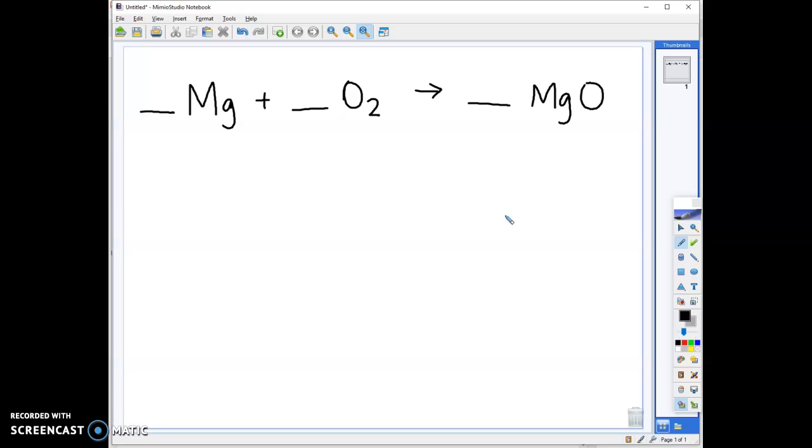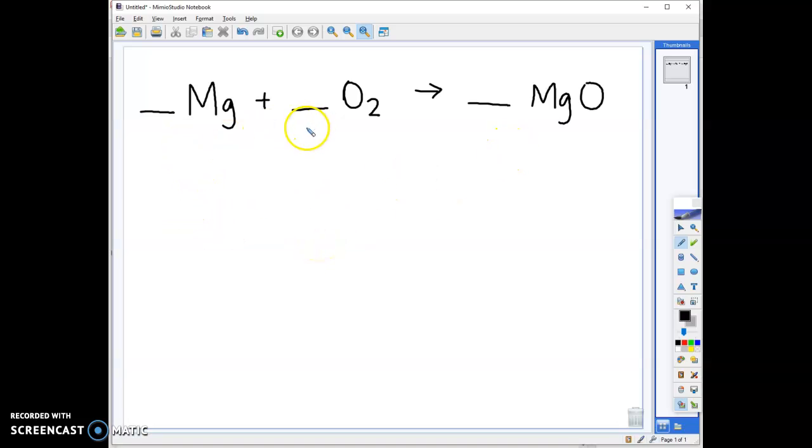This is what represents the chemical reaction. In this chemical reaction, we have some solid magnesium. We reacted that with oxygen gas. We end up with magnesium oxide. So since we can't see at the atomic level what is happening in a reaction, we use this chemical equation to help us with that.